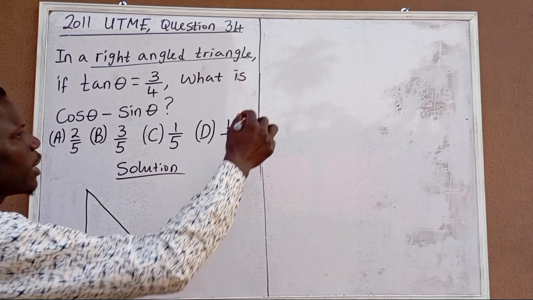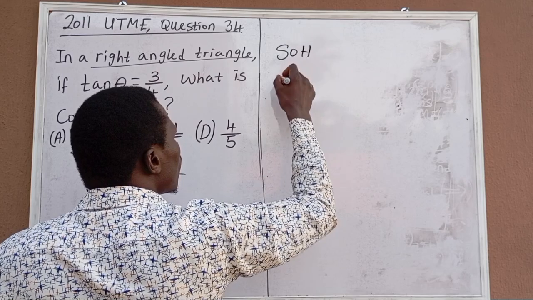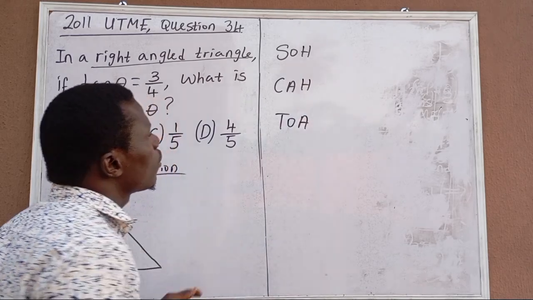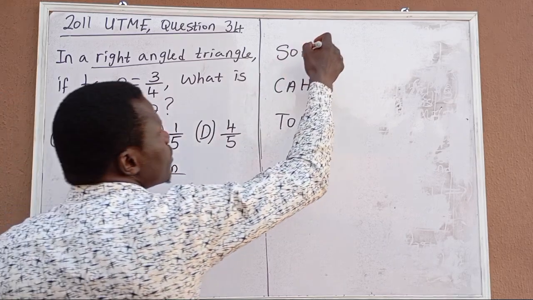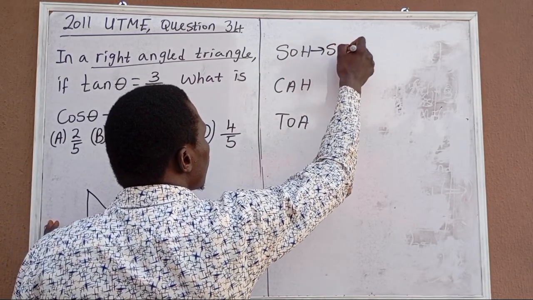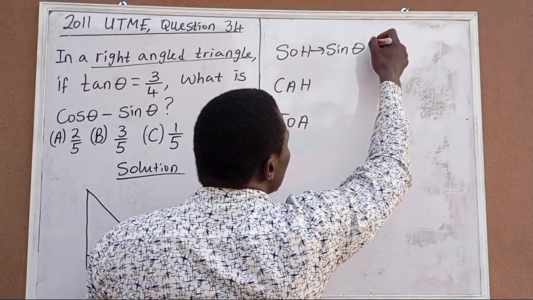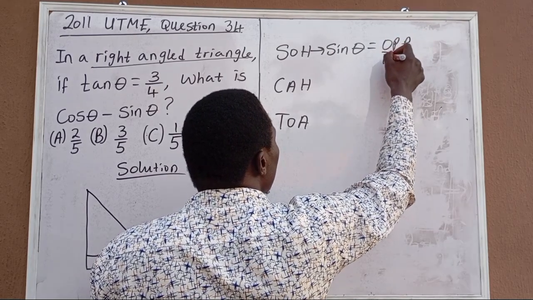I think I need to remind you at this point about SOH CAH TOA. What does this SOH mean? It means that in a right angle triangle, sine theta, that's what the S stands for, equals the opposite over hypotenuse.